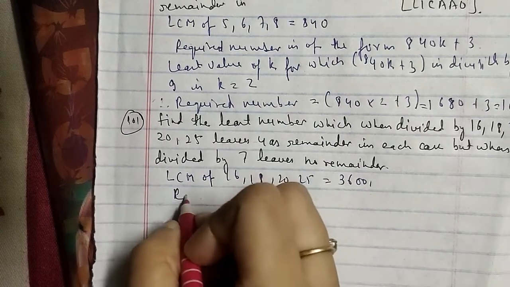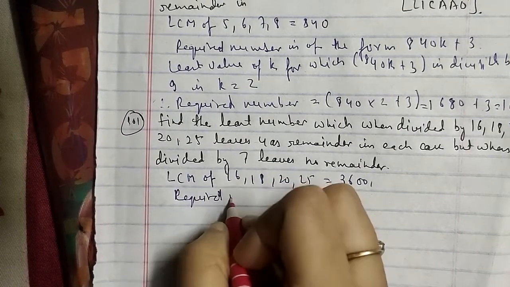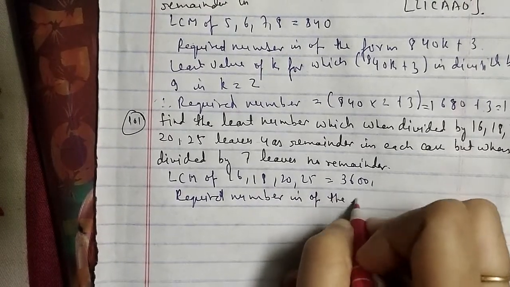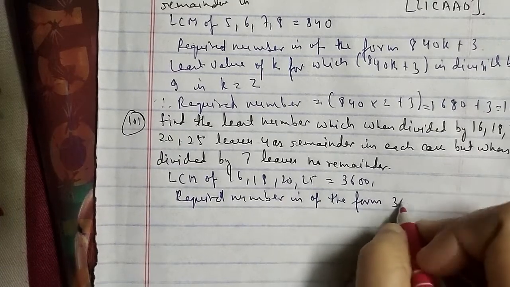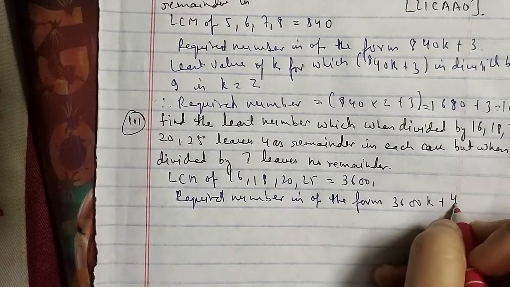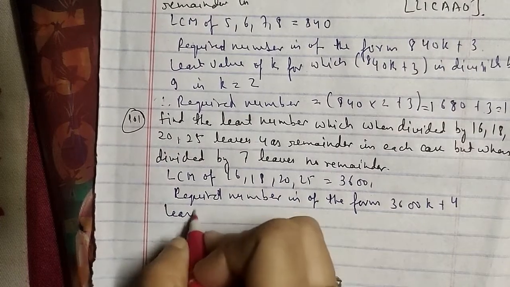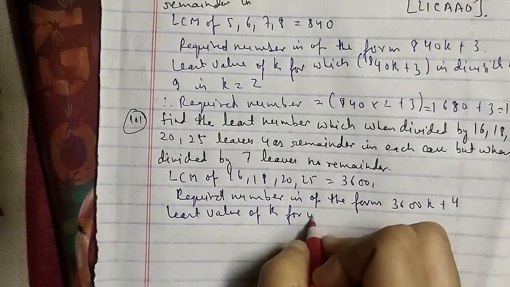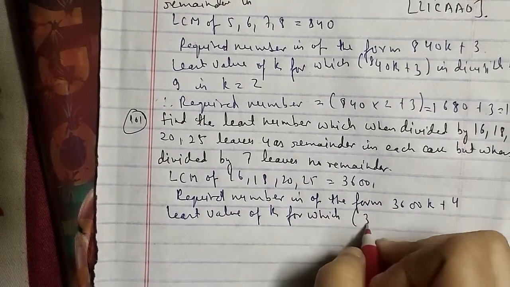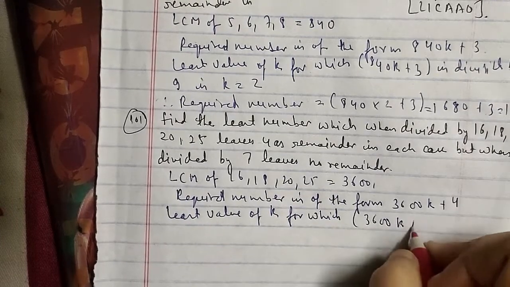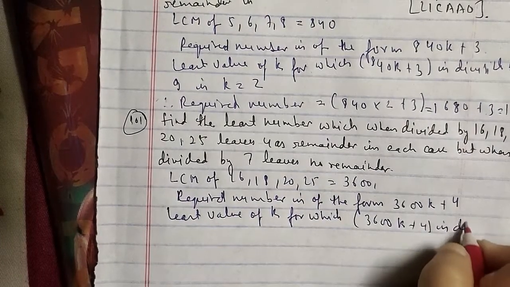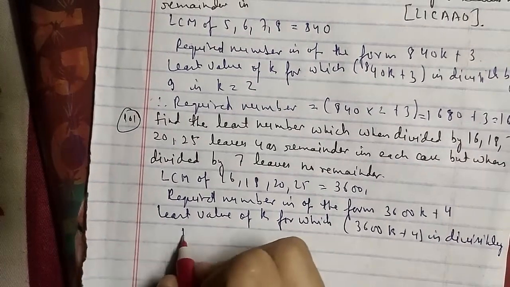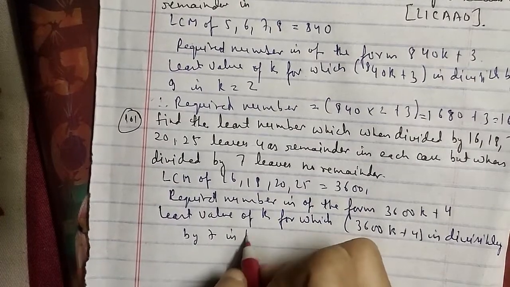So the required number is of the form 3600k plus 4, where the least value of k for which 3600k plus 4 is divisible by 7 is k equals 5.